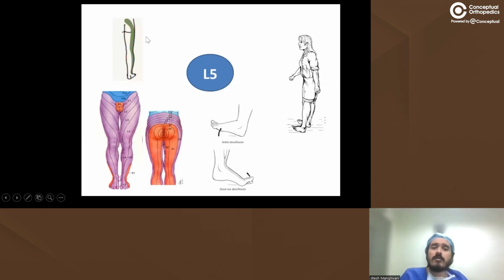Similarly, when we talk about the dermatome or the area of pain, the pain comes on the lateral aspect of the leg. Whenever we test these patients, we ask them to walk on their heels so that we understand whether there is any deficit or not.